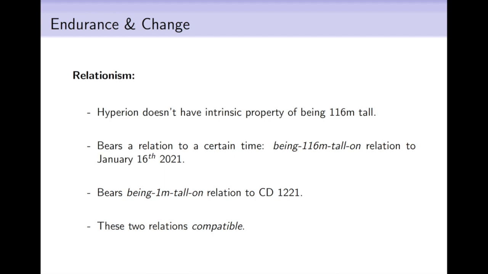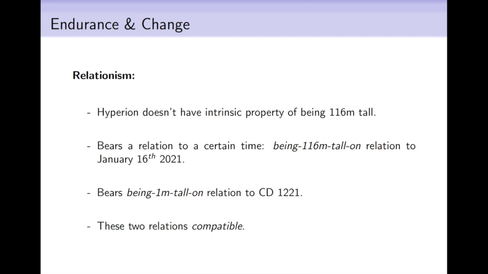So the reason they're adopting this strategy, this maybe slightly unusual way of thinking, because they're taking what are normally thought of as intrinsic properties to be actually relational properties, relations to times, is because this helps avoid contradiction, right?